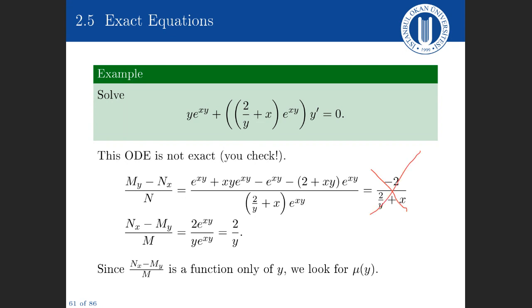If we calculate (Nx − My)/M, then we get 2/y. This is a function only of y. This is what we want. We want to use this one. Because this is a function only of y, we're going to look for an integrating factor μ(y).